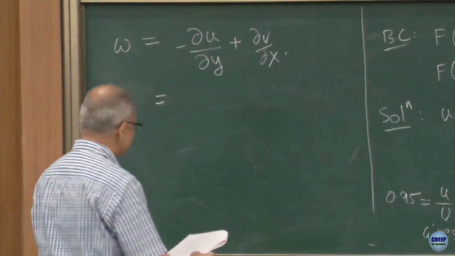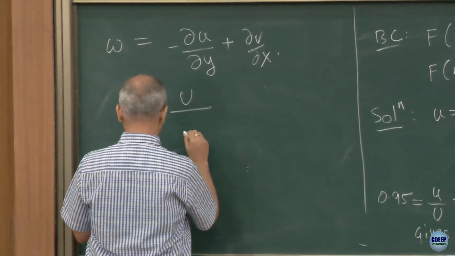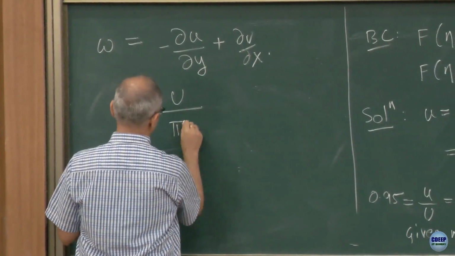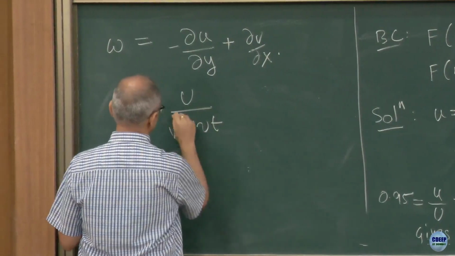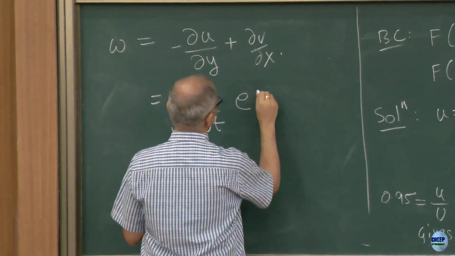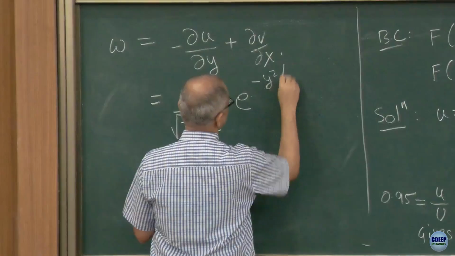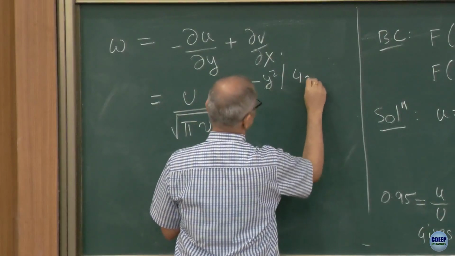If you do this correctly, you will get an expression like this: 1 upon square root of pi times square root of mu t, times exponential of minus y square upon 4 mu t.